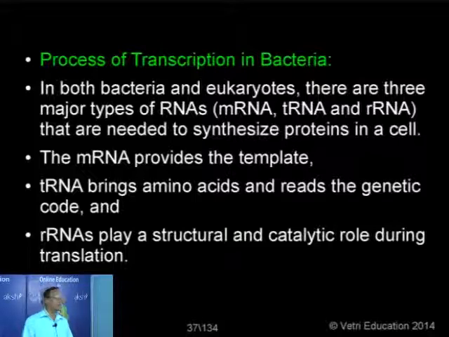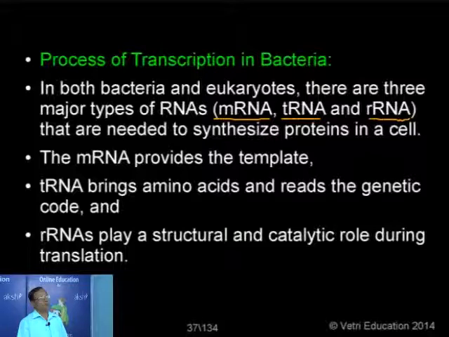We need three different types of RNAs for protein synthesis to take place, and they are designated as messenger RNA or mRNA, which we already studied, transfer RNA or tRNA, which we have studied, and ribosomal RNA or rRNA. These are the three different types of RNAs found in both prokaryotic and eukaryotic cells that are needed for the synthesis of proteins in a cell.